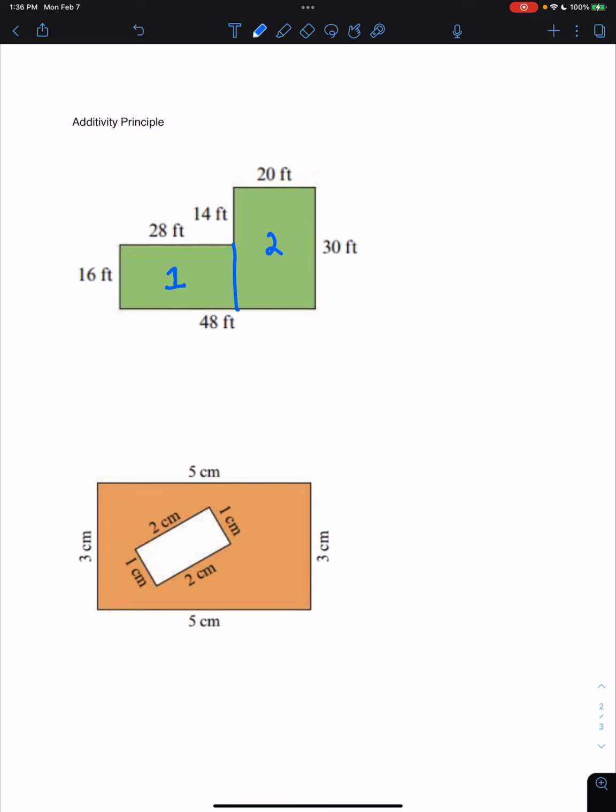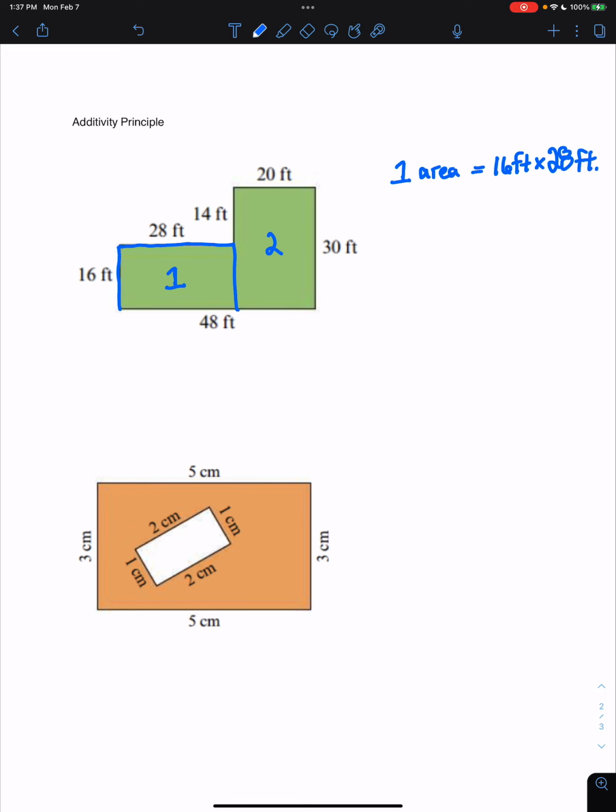Now, the tricky thing here is remembering that we're going to multiply one side times another side of the shape to get the area. Fortunately, we have one side here that's 16 feet and one side here that's 28 feet. So for shape number 1, the area is 16 feet times 28 feet, just like we would calculate the area of a rectangle.